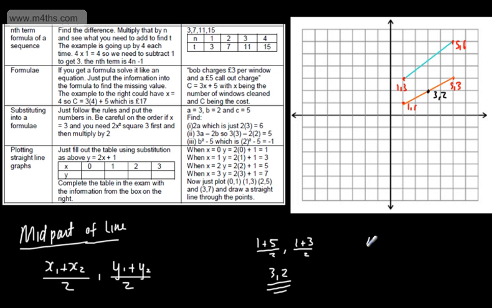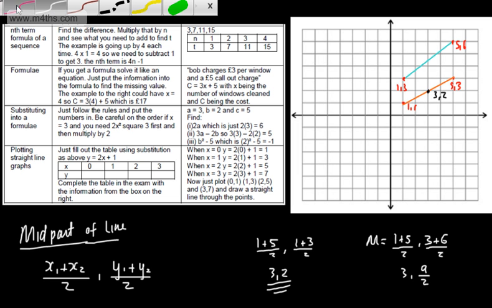But all we need to do to find the midpoint, and I'm going to call this m, is 1 plus 5 divided by 2. Then we're going to have the y coordinates, 3 plus 6 divided by 2. So that's 6 over 2, which is 3, and this is 9 over 2, which is 4.5. Now if we look at that, we can see that that is the case, okay? But we can't just guess, we need to show some logic, and that's that point just here.